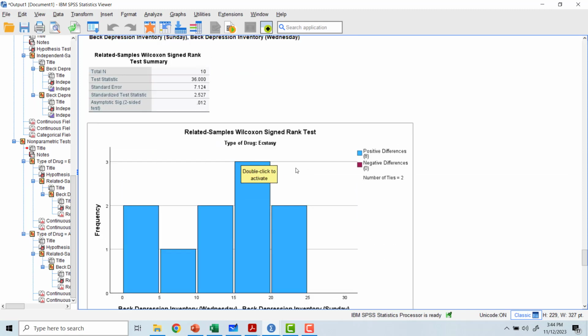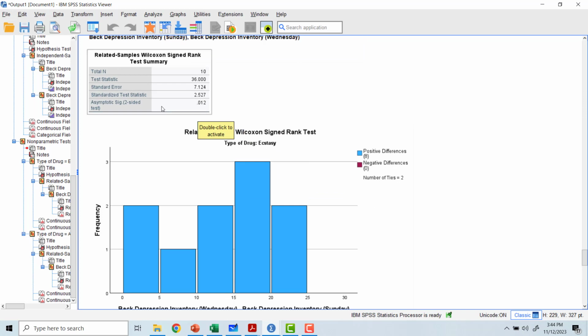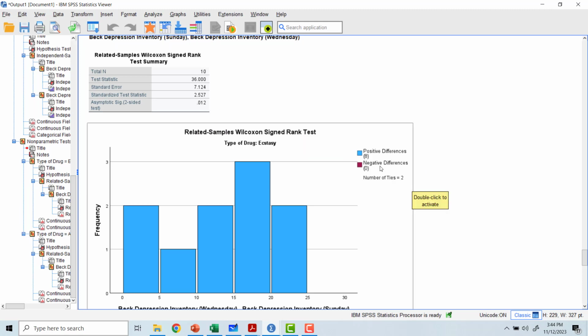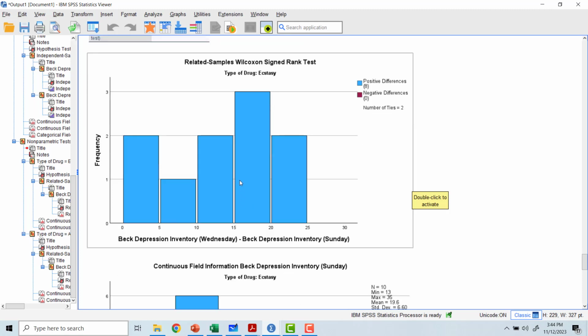We can also see the z statistic, 2.5, in the detailed section, and again our 0.012. Then we have the positive and negative differences. All of these 10 actually got more depressed by the Wednesday than they were on the Sunday. So here we are, Wednesday minus Sunday.